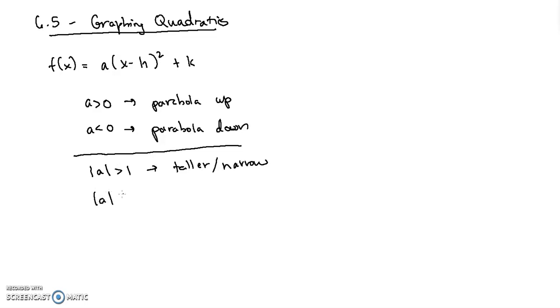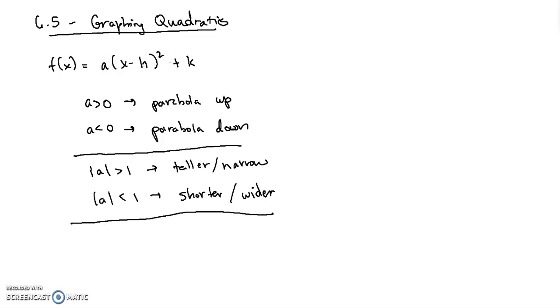And then if the leading coefficient is less than 1, that makes it look shorter or wider. So if we had like a 1/2 out front, that's going to look wider than our standard U shape. If you have a 3 out front, it's going to be taller. If it's positive, it's facing up. If it's negative, it's facing down. So we see all of that in the a that's out front.